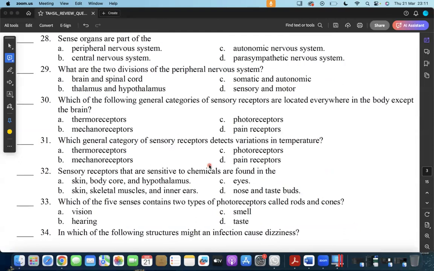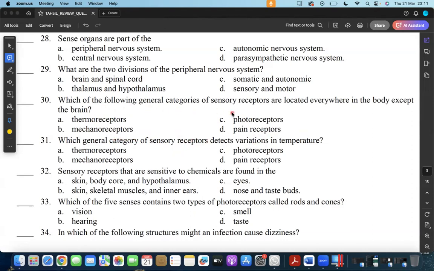Now question number 30 says, which of the following general categories of sensory receptors are located everywhere in the body except the brain? If you look at all of these receptors, we have thermoreceptors, mechanoreceptors, photoreceptors.